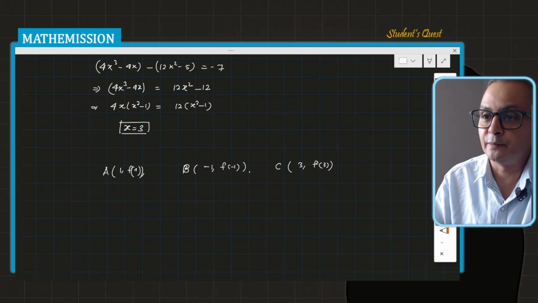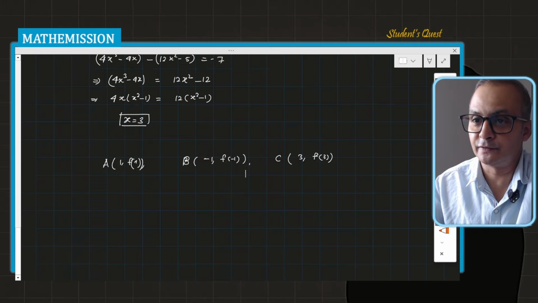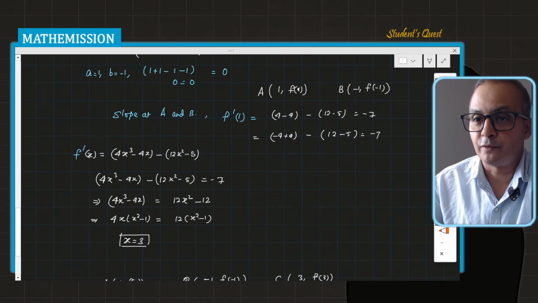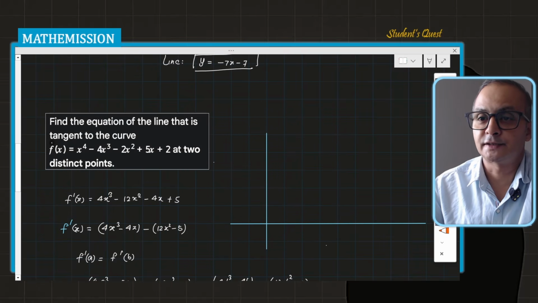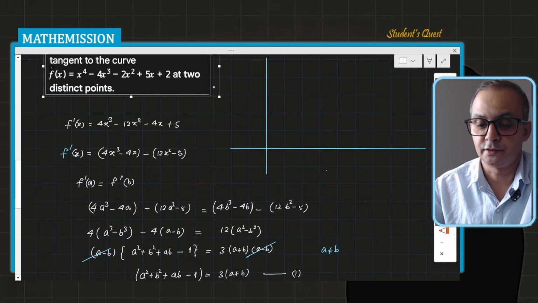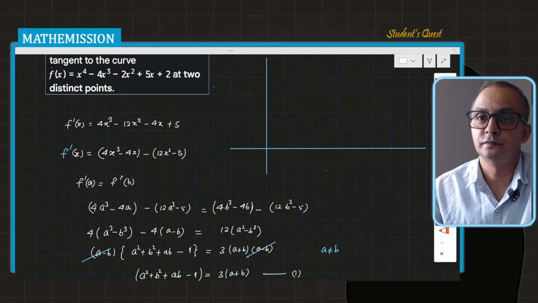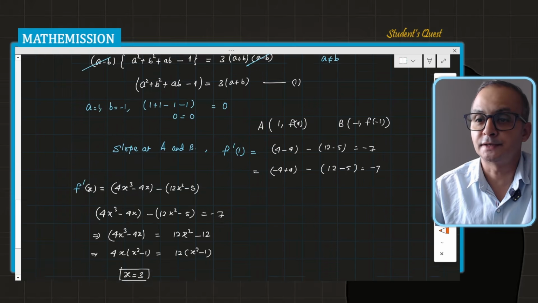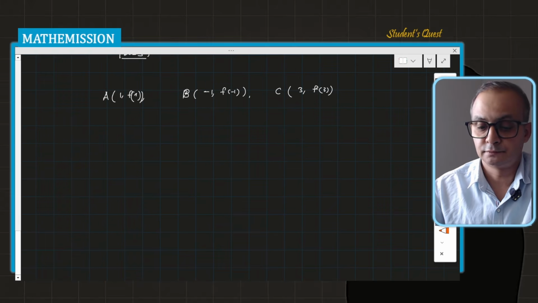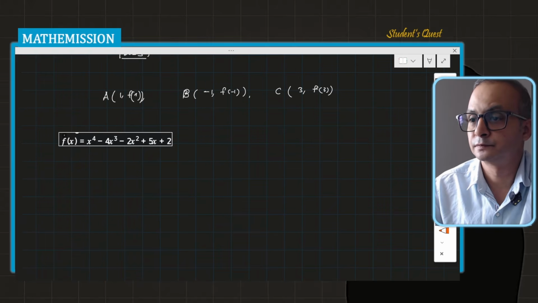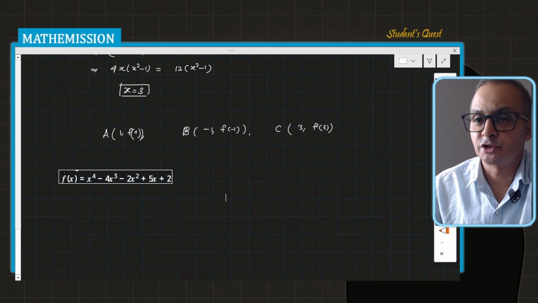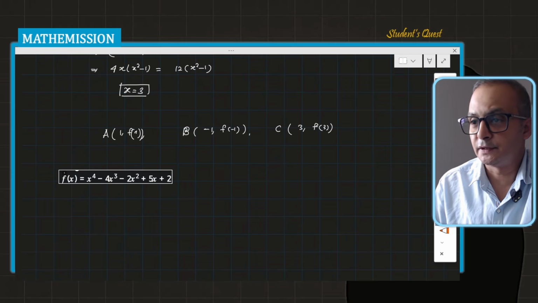Now suppose I take the points A and B. Let's try to understand the graph. So what is the value of f of 1? Let me take the function f of x again, and I will substitute in that. So this is the function I have, and let's substitute these values there.